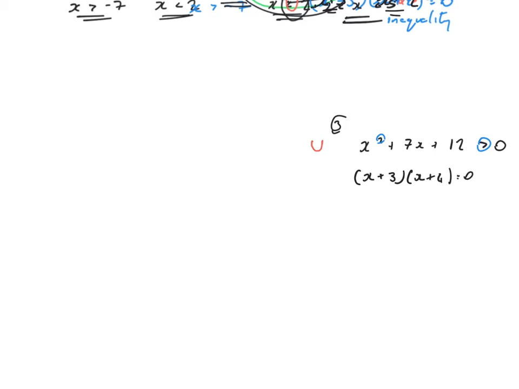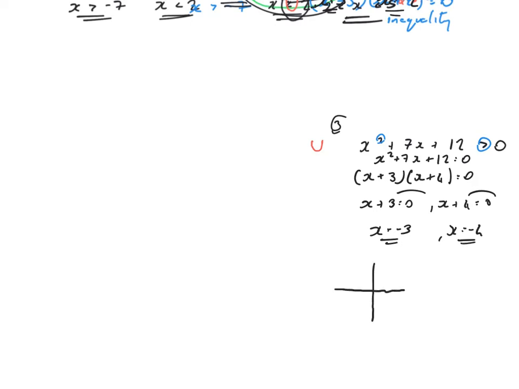So I'm going to first of all find the roots by making the thing equal to 0. Okay, x plus 3 could be 0, x plus 4 could be 0, x equals minus 3, x equals minus 4. I'll sketch it out, concave up, I've got a root at minus 3, I've got a root at minus 4.